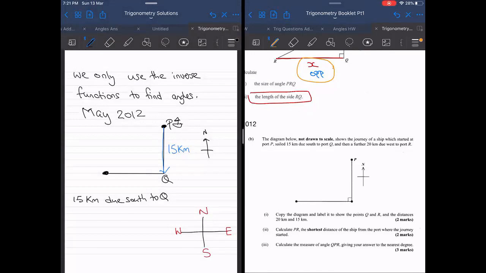And then now he goes a further. So if you notice, it didn't say he went back to P, then went to Q. It says he went further.